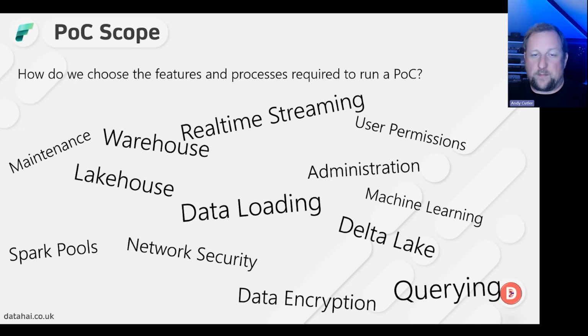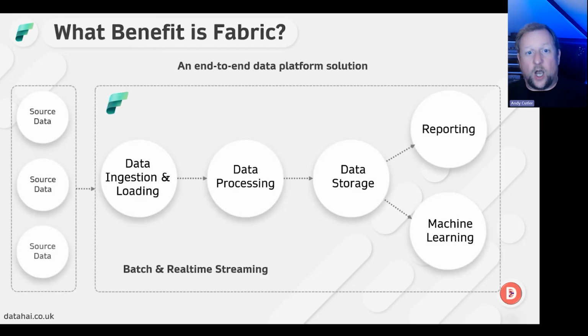One of Fabric's benefits is there's a lot here, but of course the drawback is you're going to need to very, very clearly define what you want to proof of concept. All of this can get quite overwhelming. I go back to what I said before about the overall platform. It does a lot of things, and there are a lot of services to do those things.